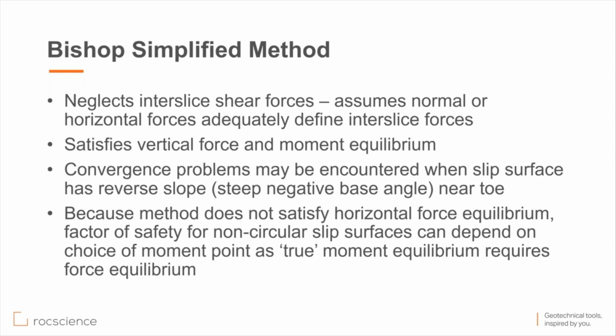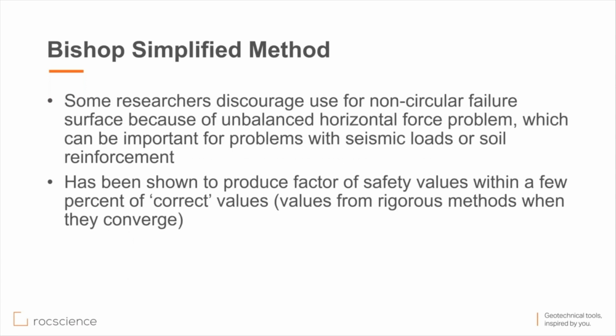And as we said, because it does not satisfy horizontal force equilibrium, sometimes when you are using it for non-circular analysis, experts tell us that moment equilibrium can become iffy. So some, in fact, say we should not use it for non-circular analysis, but people have also used it for non-circular analysis very successfully. So it's still available to us.